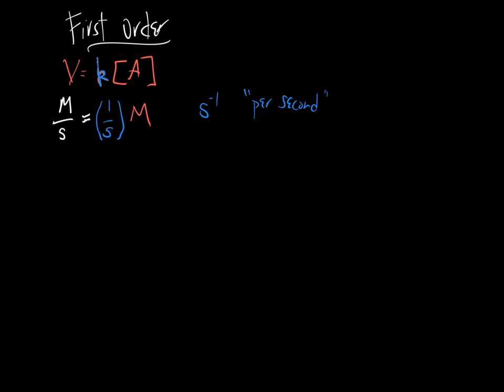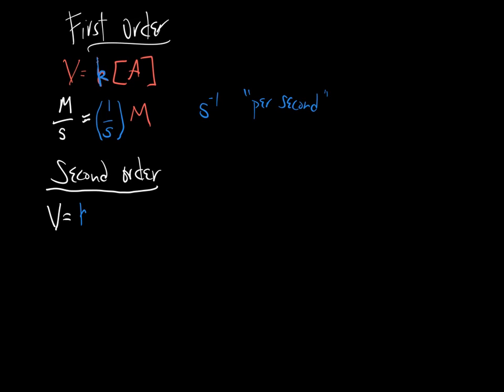All right, and so just to reiterate, the rate here, whether it's binding or catalysis, is only dependent upon the concentration of one thing. So for a second order reaction, knowing what we know now, remember there's going to be V is equal to, what does every rate law have?